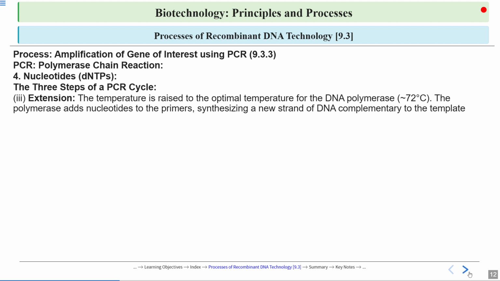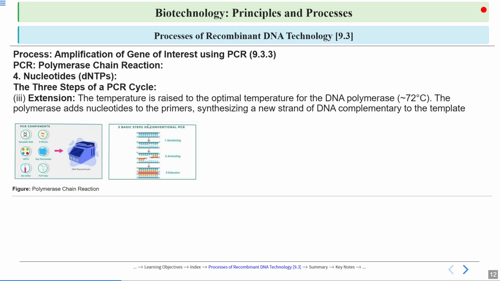Now let me explain it with the figure so that you can understand it better. These are the 3 basic steps of conventional PCR. See, this is 5' to 3', and here it's again 5'. It is the double stranded DNA template. Now it gets denatured and becomes single strand. Now what will happen in the second step, annealing? Primers, shown in orange and red, will come and bind to the complementary part.